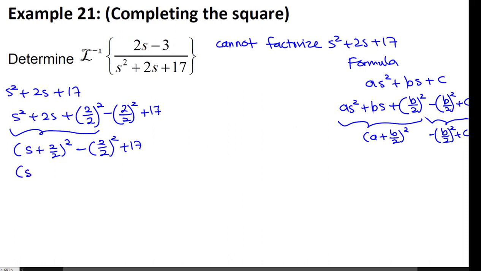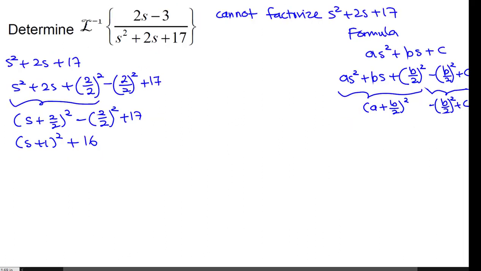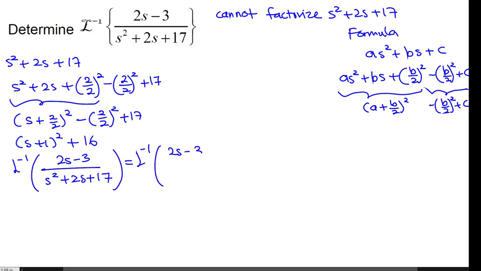So we get (s + 1)² + 16. So for this question, Laplace inverse (2s − 3) divided by s² + 2s + 17, you will get Laplace inverse (2s − 3) divided by (s + 1)² + 16.